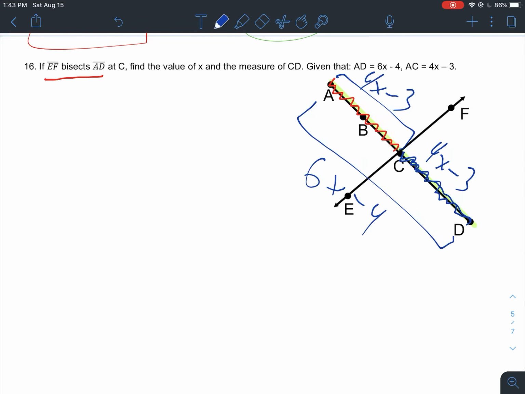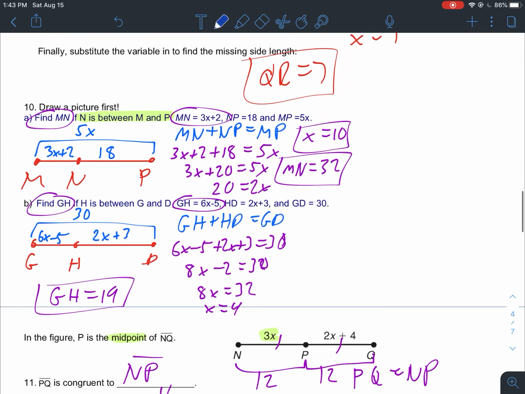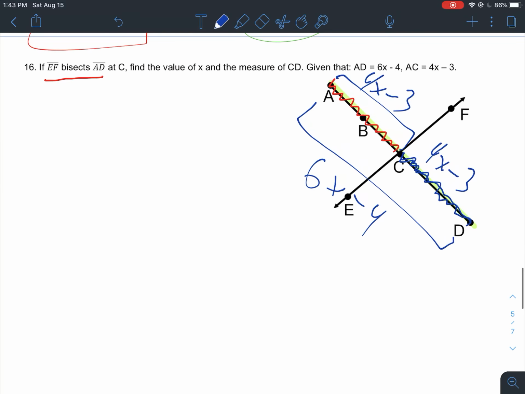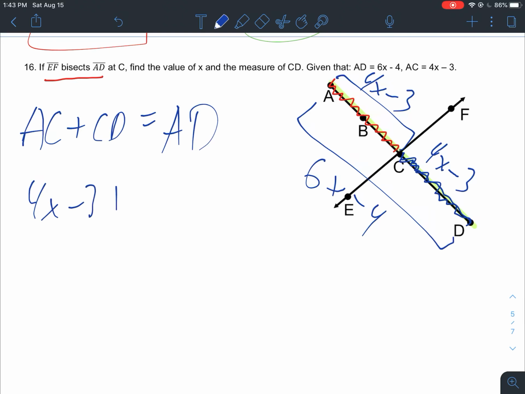And now we can do what we did all the way back in these problems. Number 10. I can say little segment AC plus little segment CD equals big segment AD. So 4x minus 3 plus 4x minus 3 equals 6x minus 4.